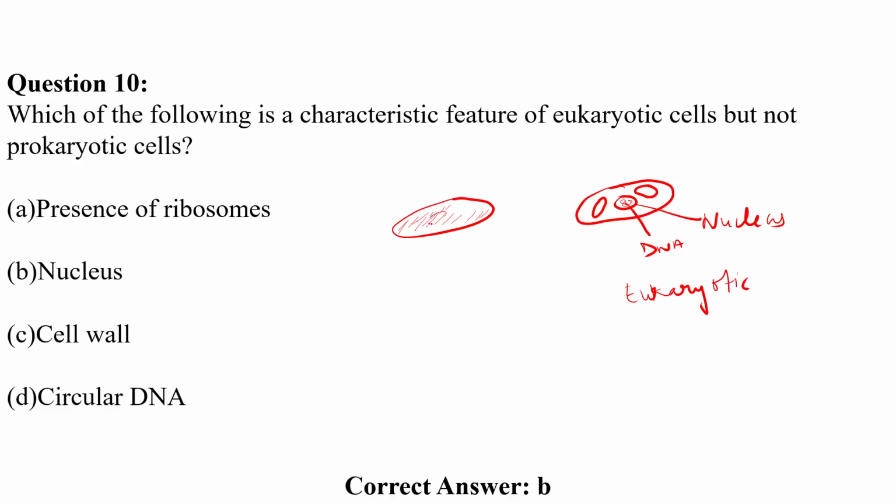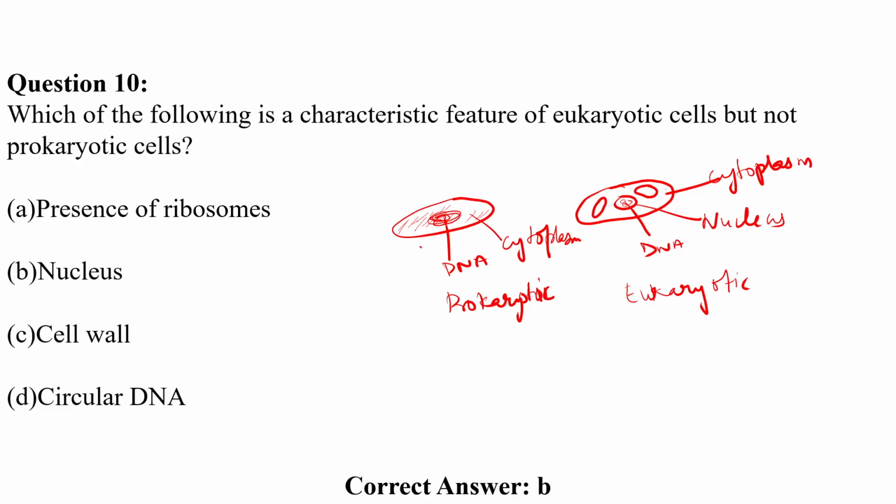And in a prokaryotic cell, you will have the DNA floating in the cytoplasm. This is cytoplasm. Here also we have cytoplasm, but in the cytoplasm different organelles are also present which have their own membrane. So this is the prokaryotic cell, and this is a eukaryotic cell.